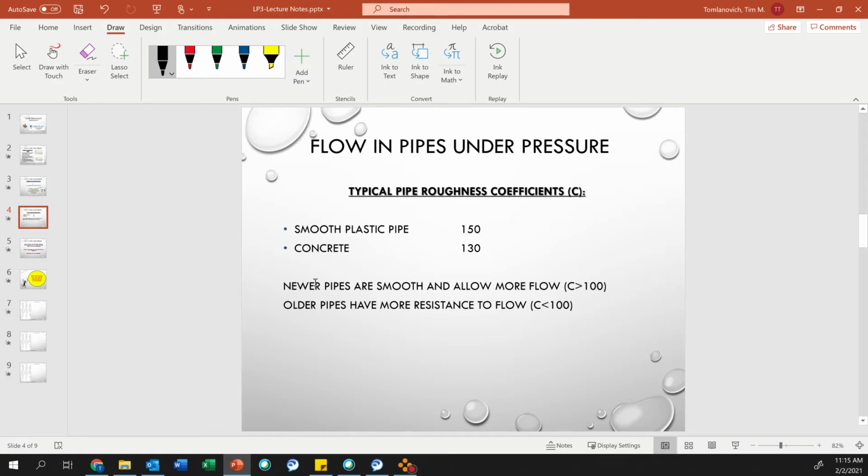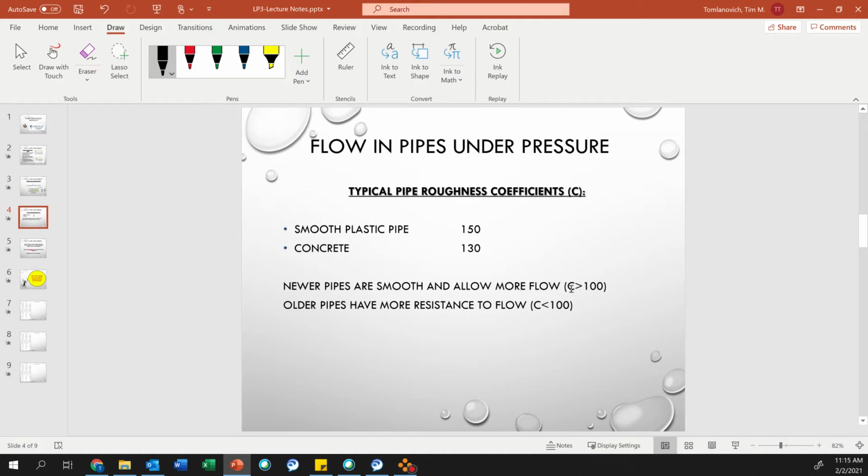So basically, the smoother the pipe, the more flow we can get. Newer pipes are smooth and allow more flow, and we typically have a coefficient greater than 100. Older pipes have more resistance to flow, which is less than 100.